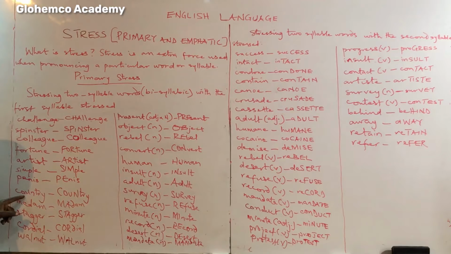COUNtry. MAdam, not maDAM. Please take note. STAGger. All the stressed syllables are written in capital letters. CORdial. WALnut.